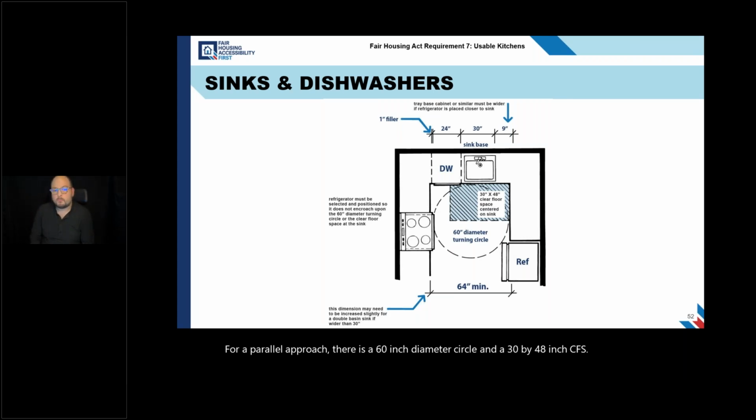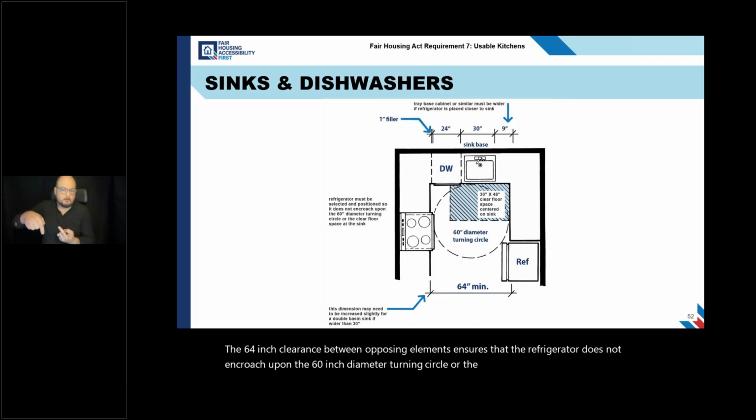The 64-inch clearance between opposing elements ensures that the refrigerator does not encroach upon the 60-inch diameter turning circle or the clear floor space at the sink.